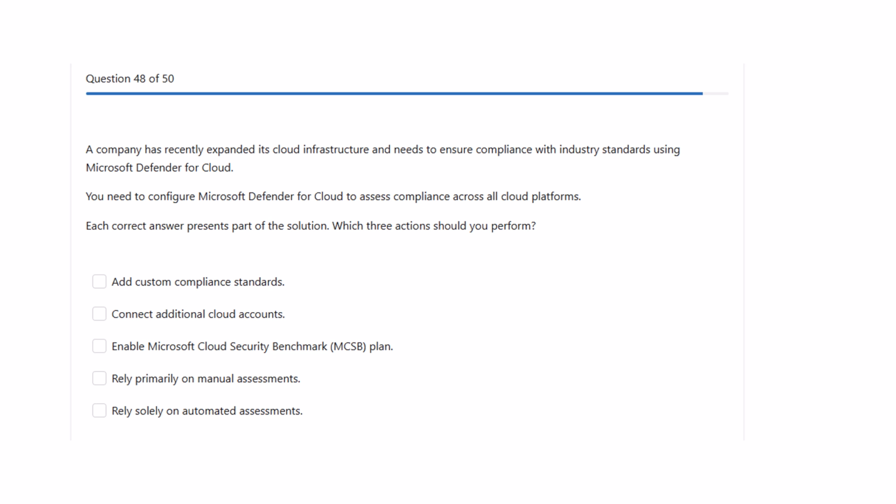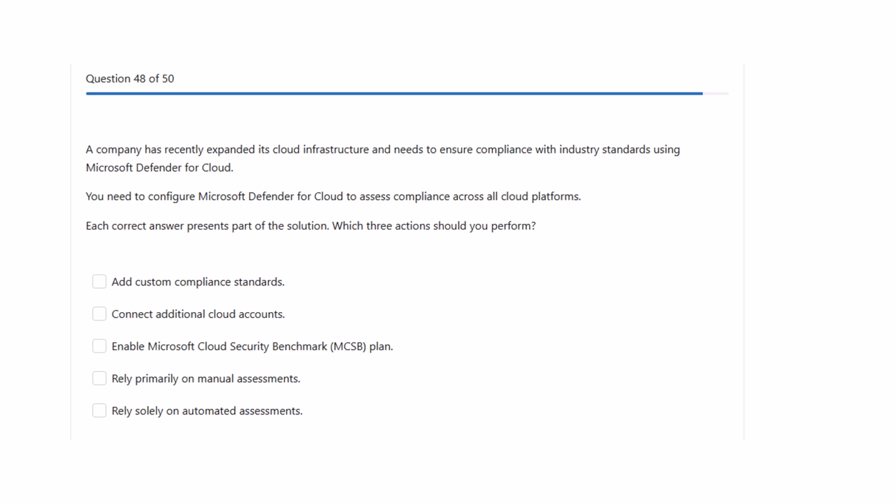Question 48. A company has recently expanded its cloud infrastructure and needs to ensure compliance with industry standards using Microsoft Defender for Cloud. You need to configure Microsoft Defender for Cloud to assess compliance across all cloud platforms. Each correct answer presents part of the solution.